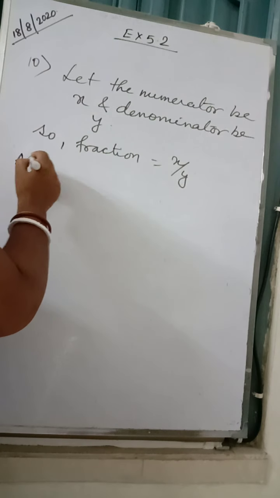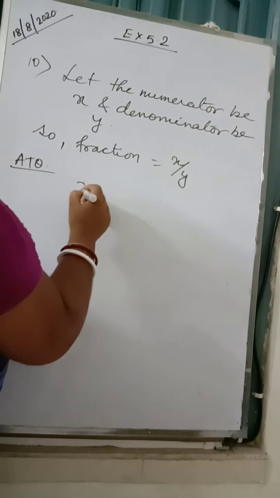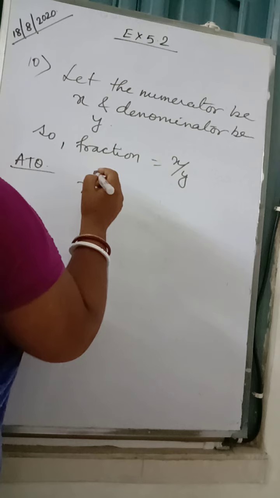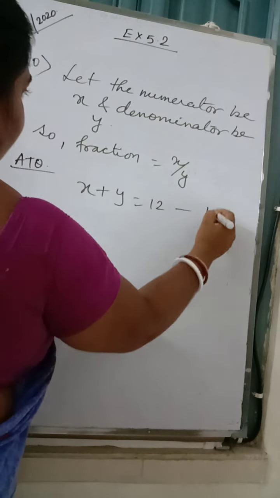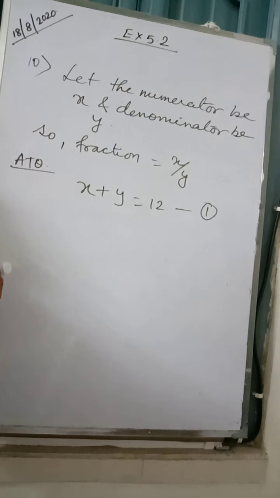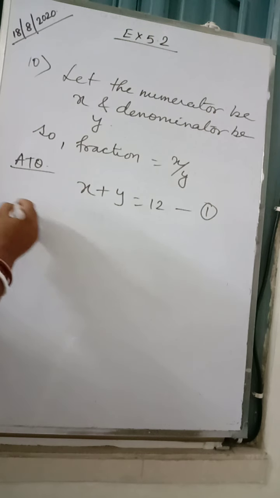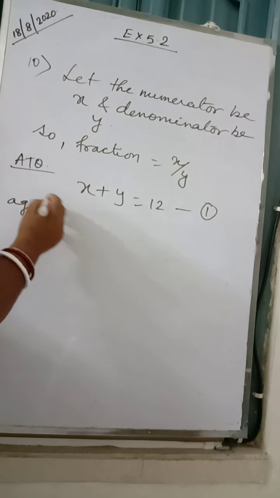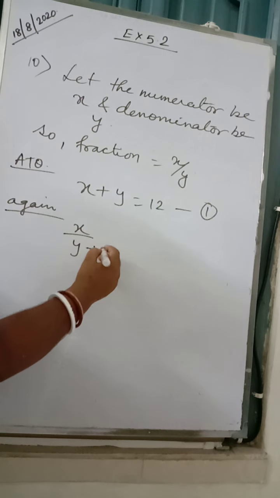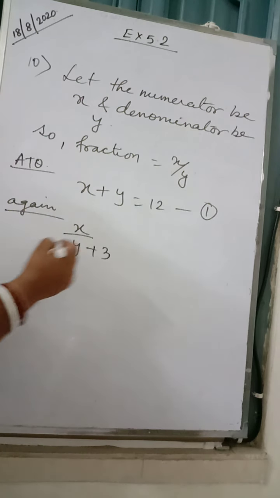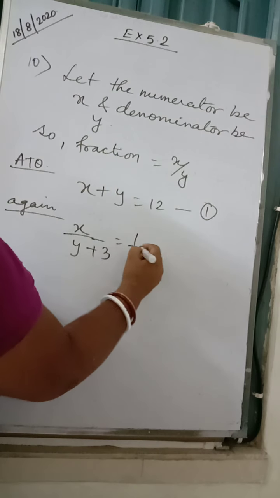According to the question, the sum of numerator and denominator is 12, so x plus y is 12, equation number 1. Second, if the denominator is increased by 3, the fraction becomes 1 by 2.